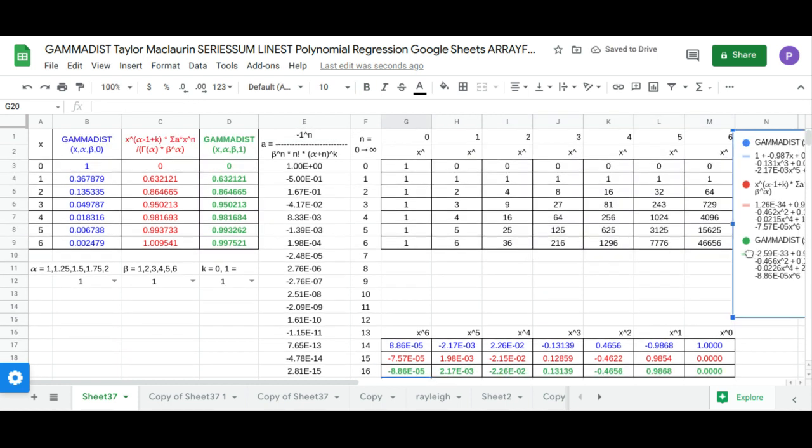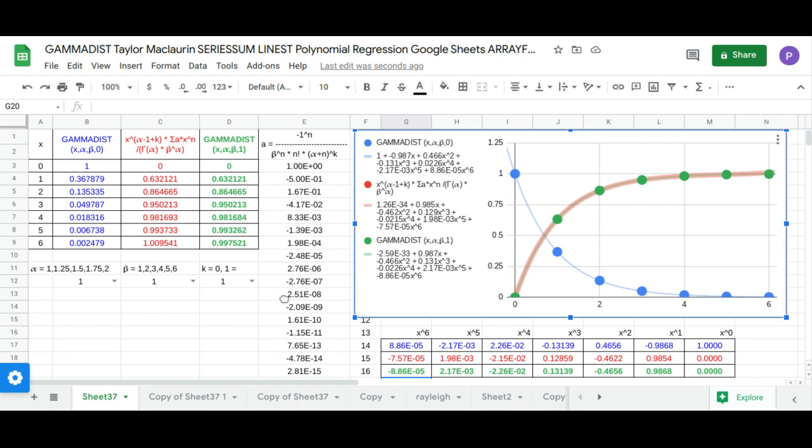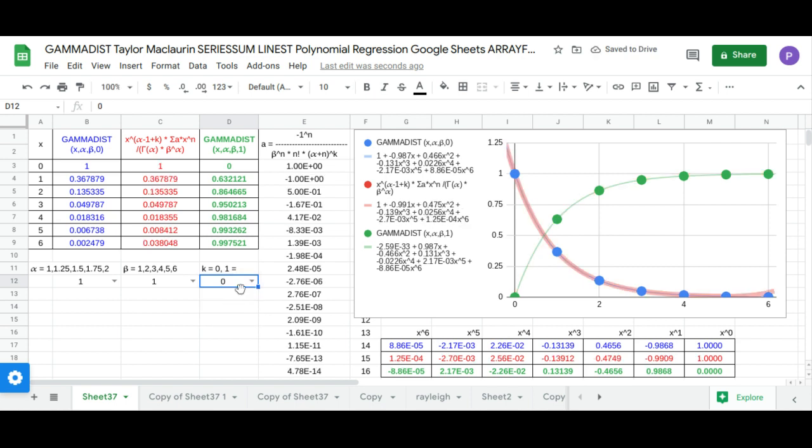So here, let's compare. If you allow k equals 0, so the expansion approximates the probability density function, and their polynomial regression coefficients are the same.